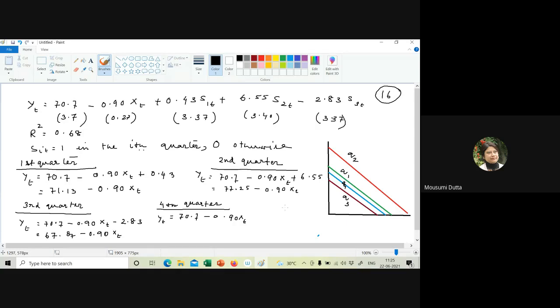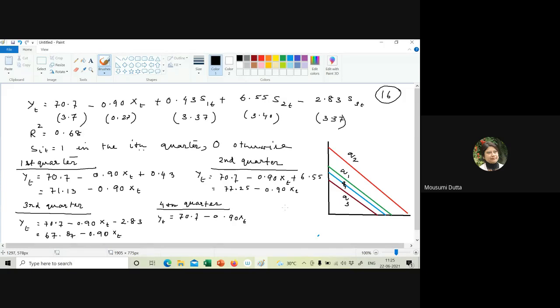Ma'am, because we are considering that to be in the intercept term, that is the reference quarter. That effect is captured in the intercept term. Very good. Please write down: the fourth quarter is the reference category here.